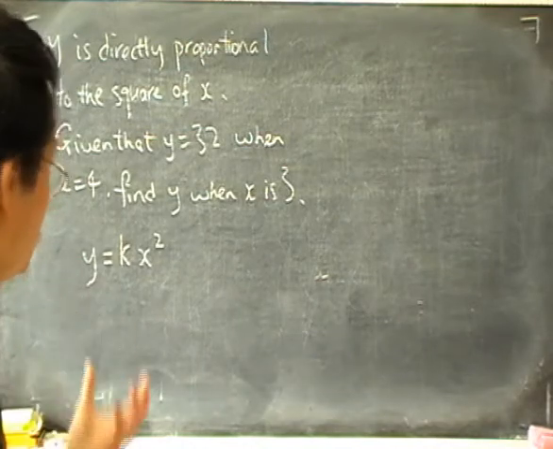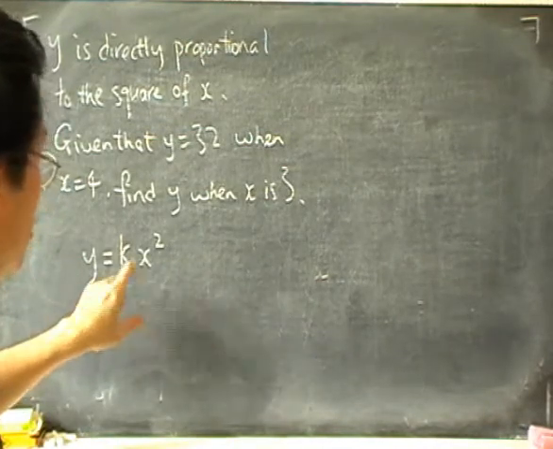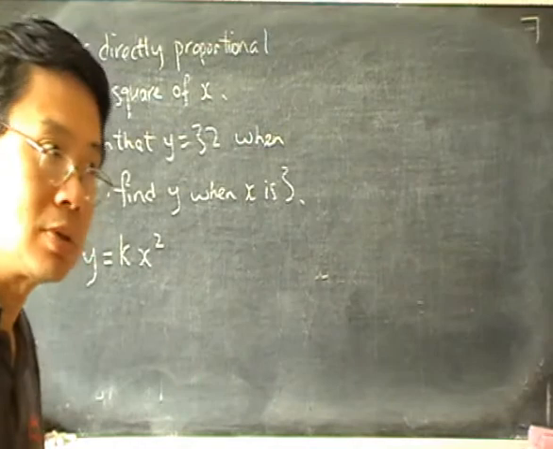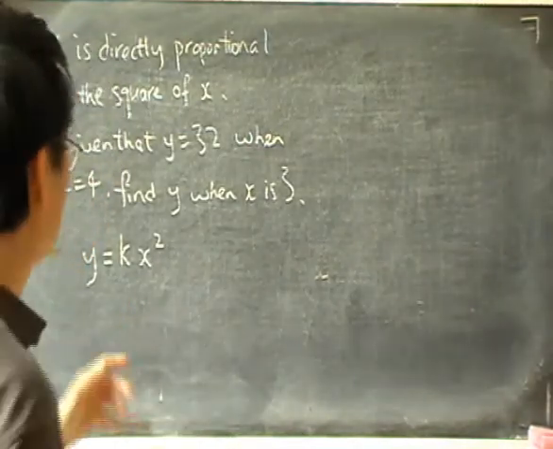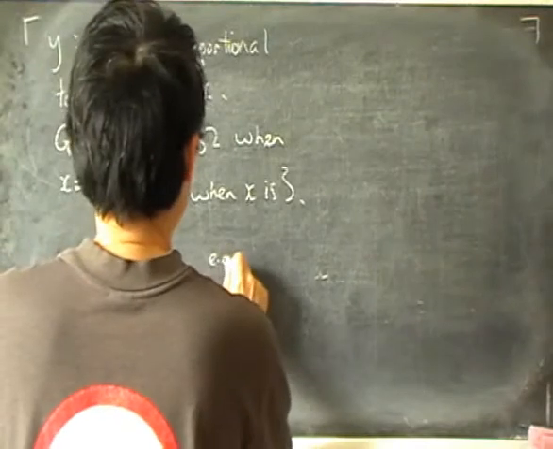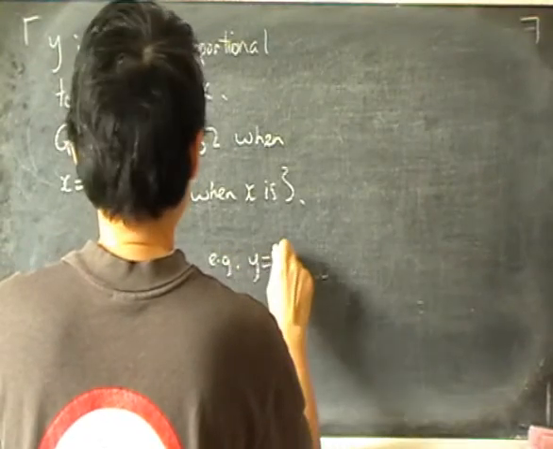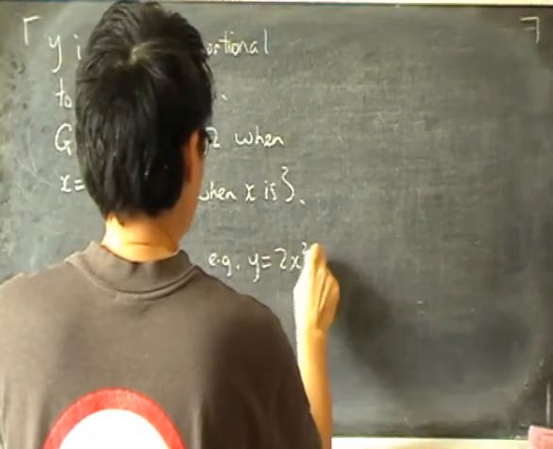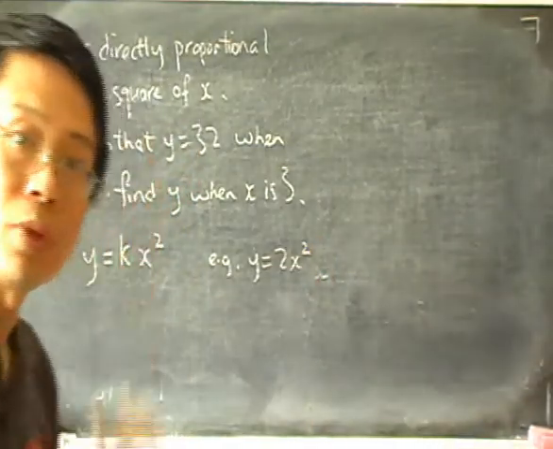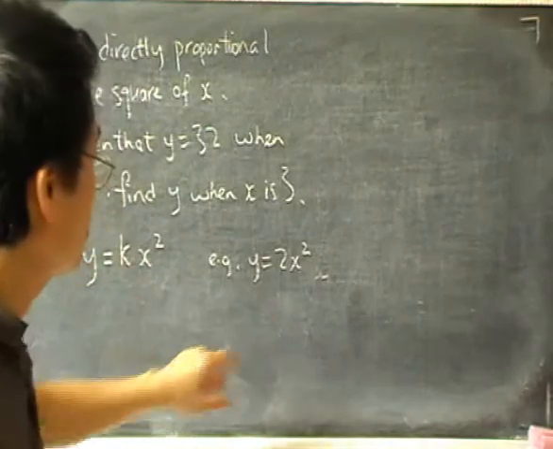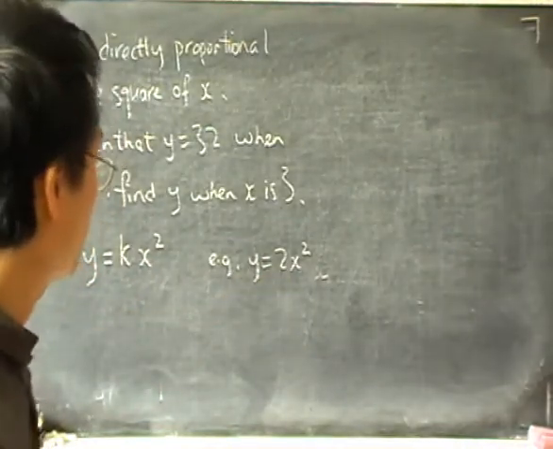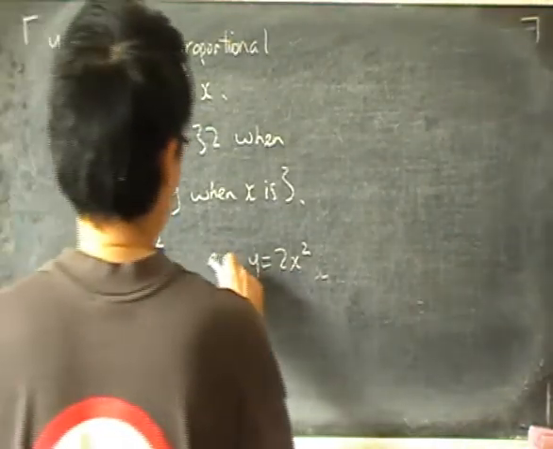If it seems abstract, just imagine a number like 2. Alright, so I would say, for example, y is equal to 2x squared. Just for example. But we don't really know what k is yet. So it's not really 2, so let me just cross it out.